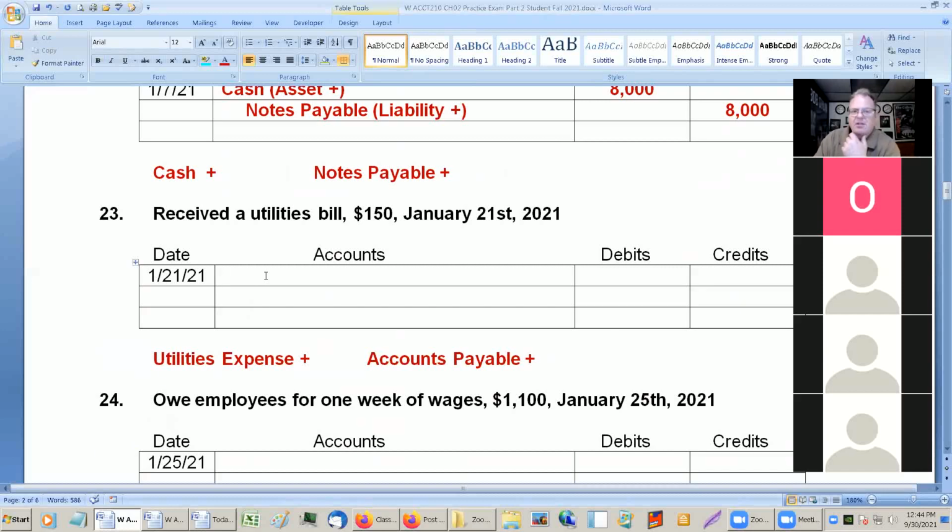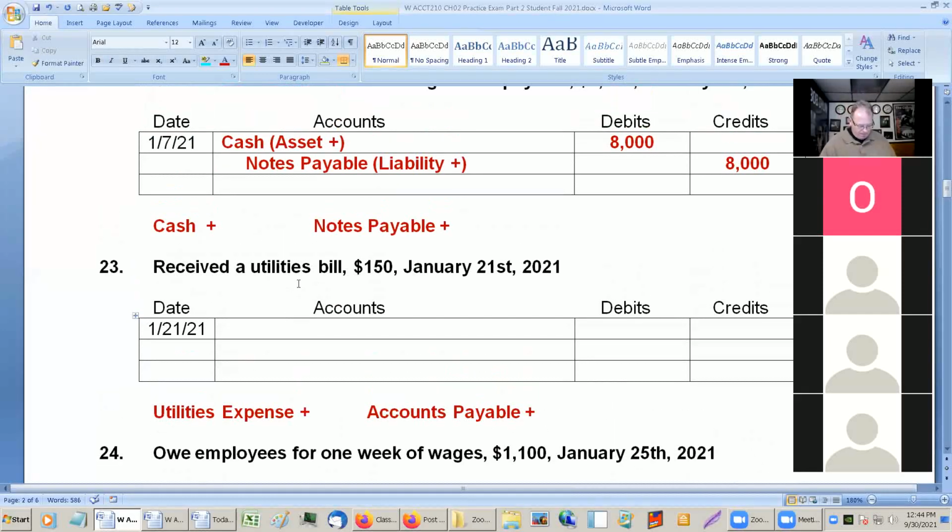Yep, that's exactly right. Is there any time that there's gonna be like two debits or two credits or anything? It could be, but the debits have to equal the credits. So it's possible to have more than two accounts, you know, 2 or 3 accounts. If you buy land and equipment together, or whatever it is.